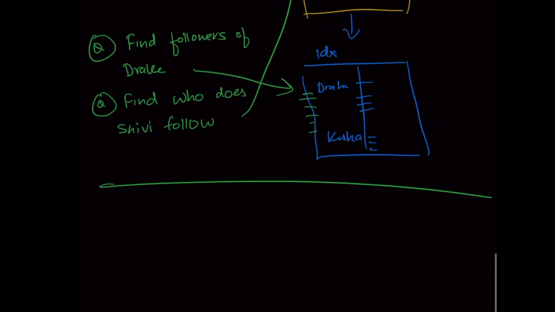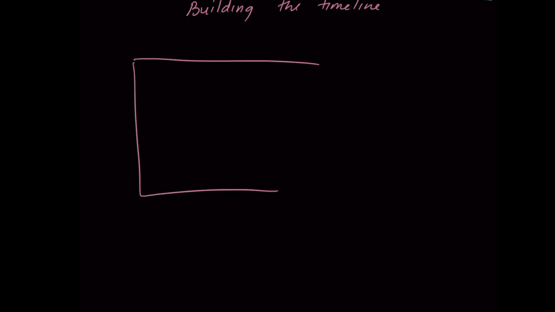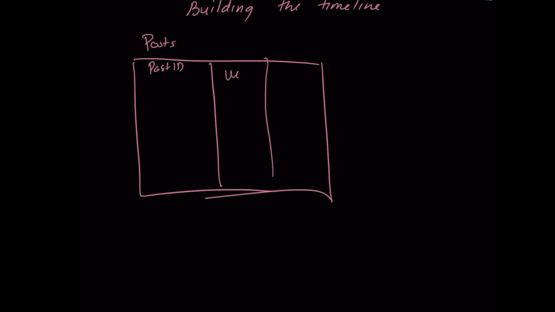So building the timeline. Okay, so now we can obviously have a post table, and it will have post ID, by the user, text.